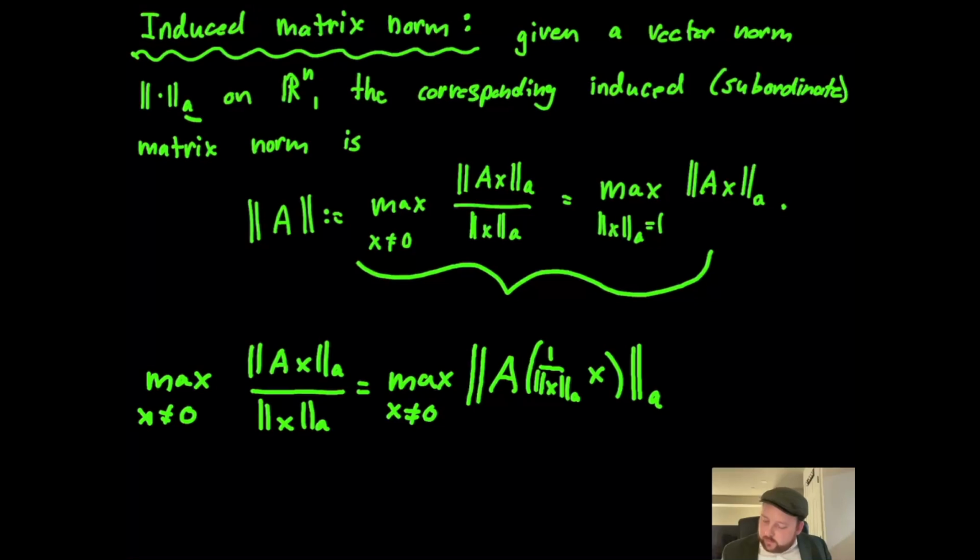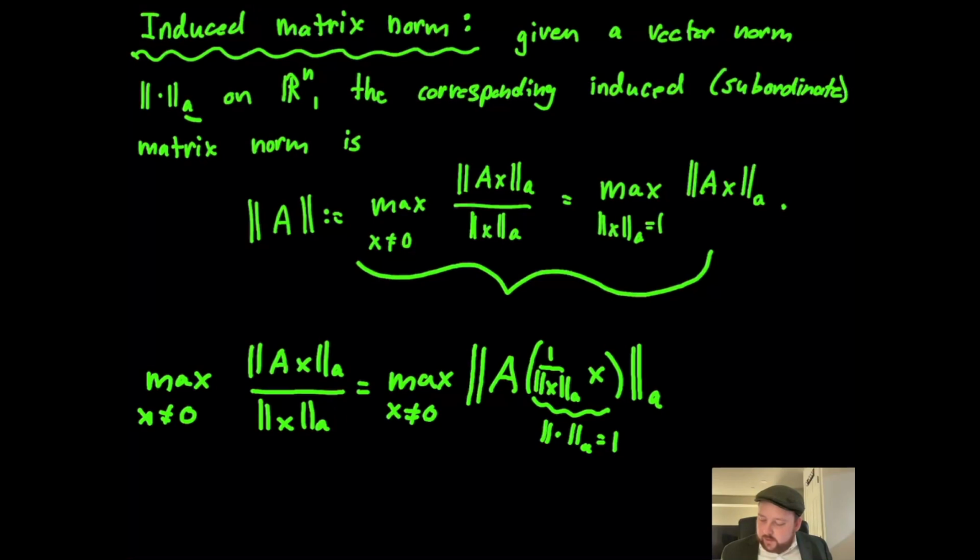And then what do I look at here? I wind up with x times the constant that's 1 over the norm of x. And so what do I get? I can always check that the norm of this vector is always equal to 1, just by definition.